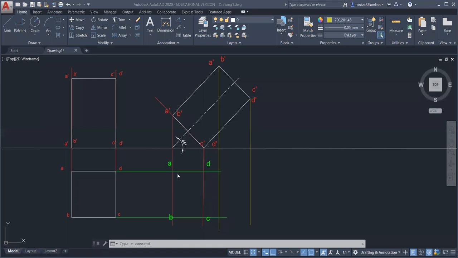So once you find out the intersection points for the base, here you can observe A, B, C, D. That will represent the bottom base.